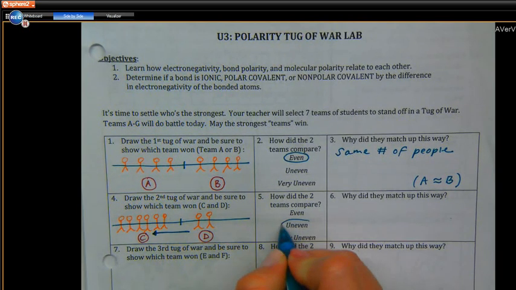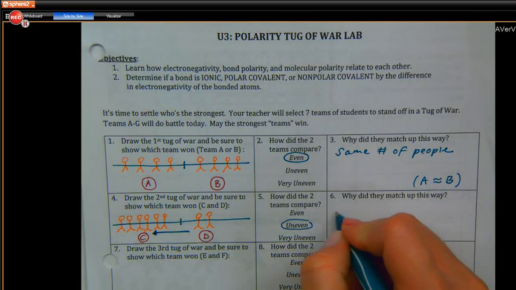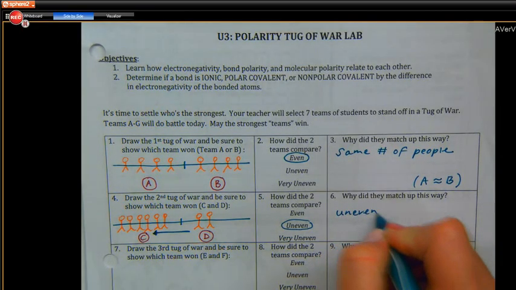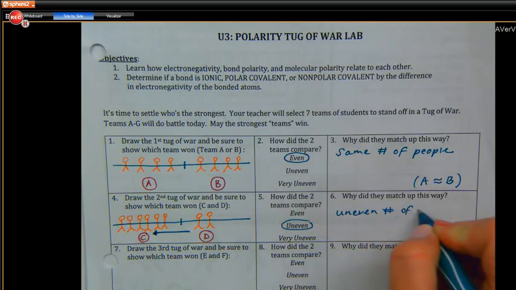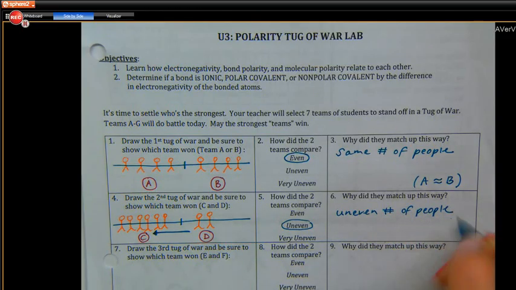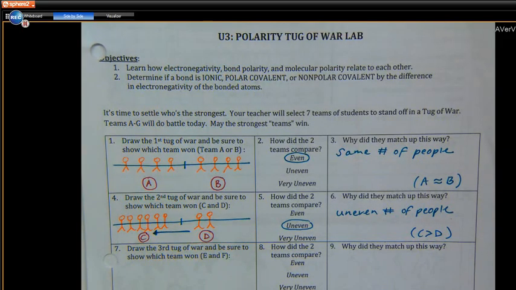C is going to be greater than D. If in my third attempt at this, Team C won, and so as a reward, I took the strongest team member here and let him pull all by his lonesome against everybody else. So you've got 1 player over here and 7 players over here.